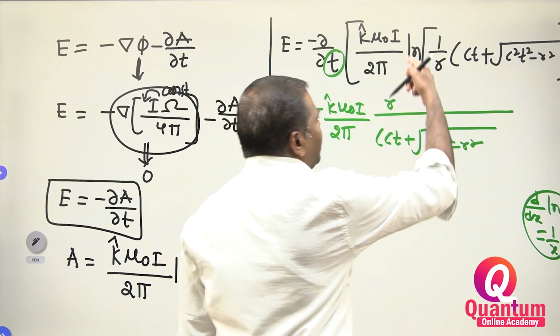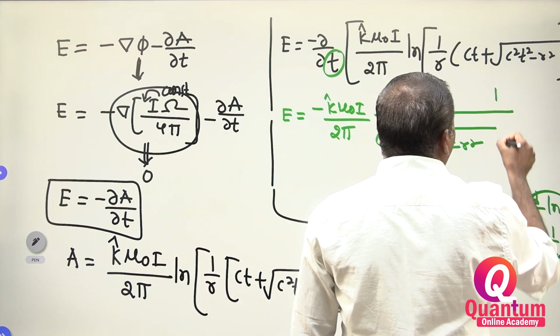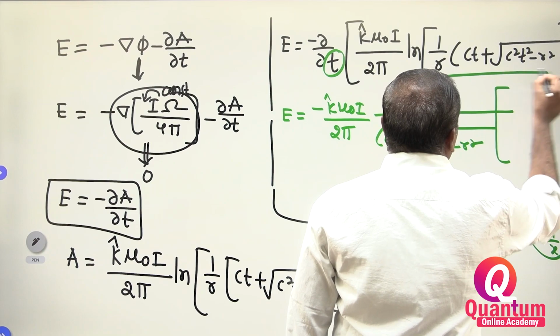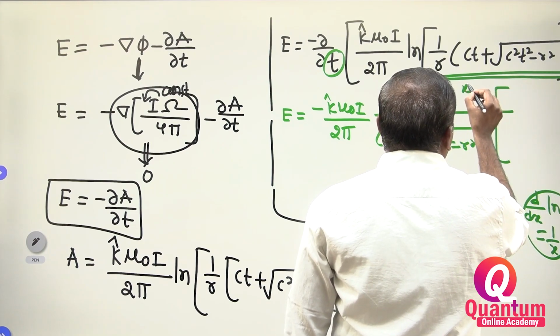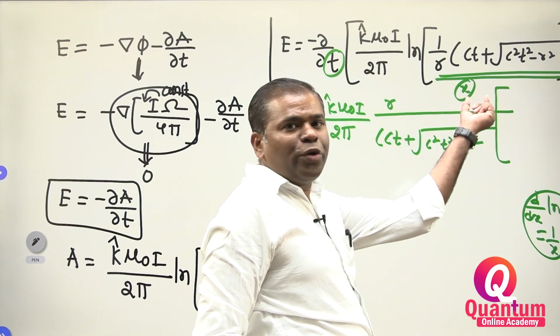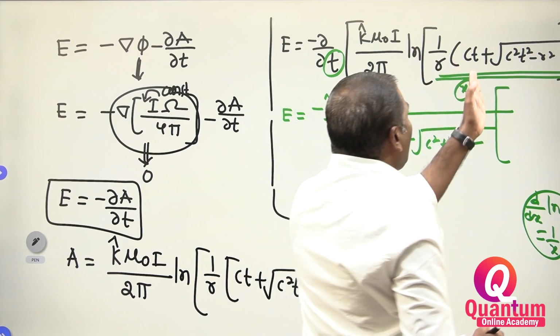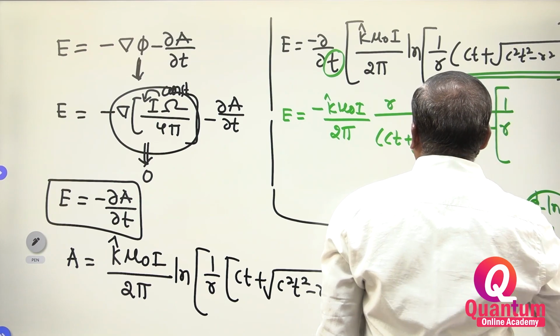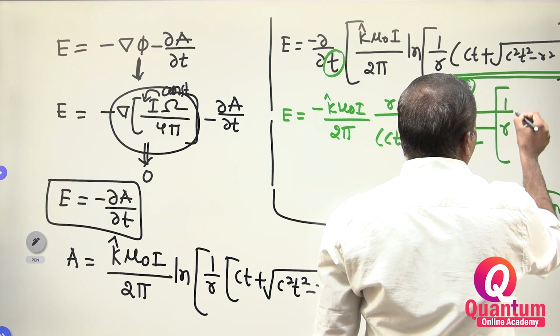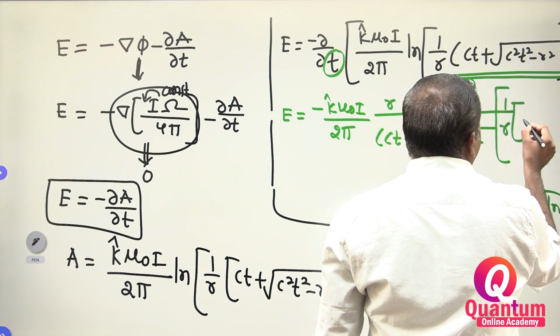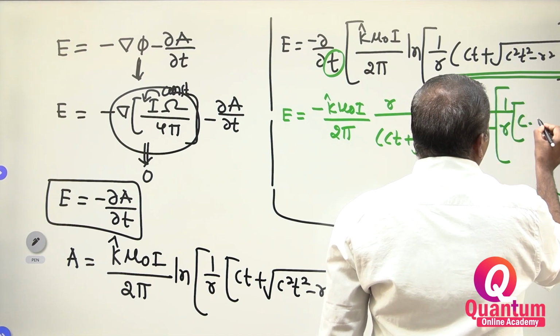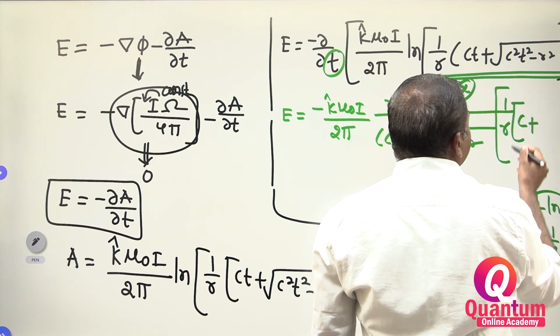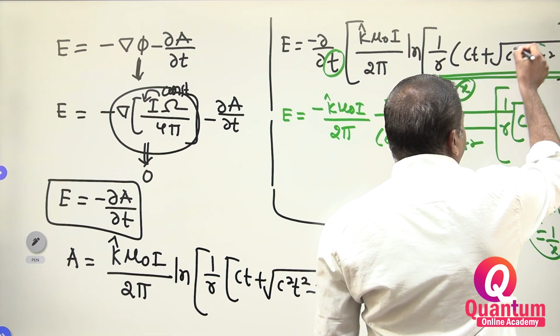Again you have to differentiate this entire part. Take this as x and differentiate x with respect to t. It will come as 1/r times, differentiating: c plus, divided by root x, you have to differentiate again.